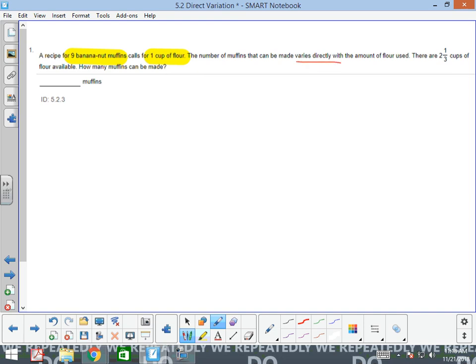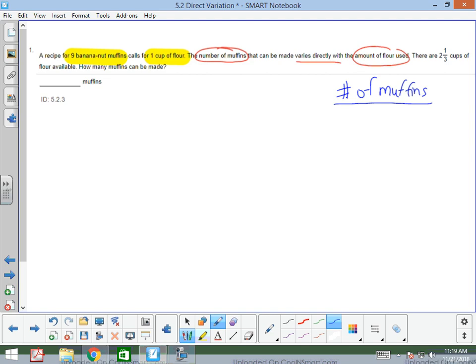Whatever comes before varies directly, the number of muffins, and whatever comes after, the amount of flour used, can be made into a ratio: number of muffins first, over the amount of flour.